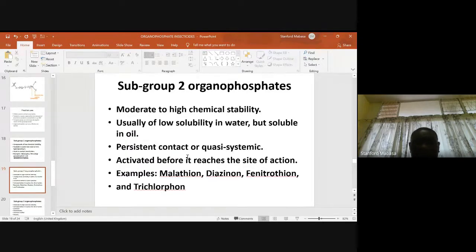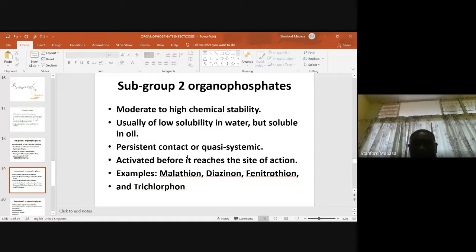Then subgroup 2 organophosphates, these have got moderate to high chemical stability, but usually low solubility in water, but these are soluble in oil. They are persistent contact or quasi-systemic. They are mainly contact, but they can also enter a little bit into the insect.